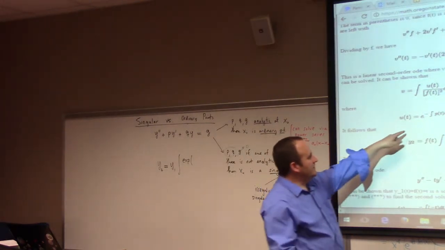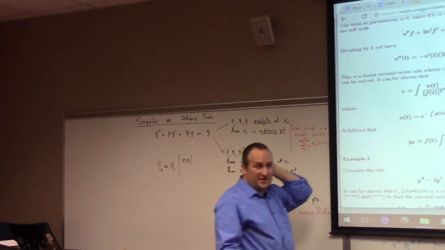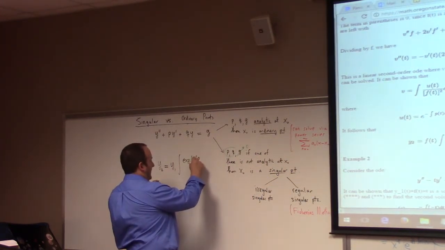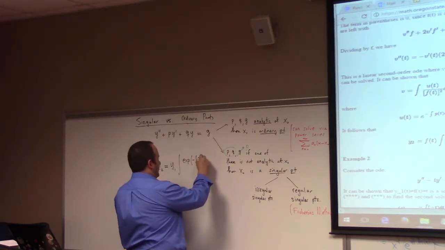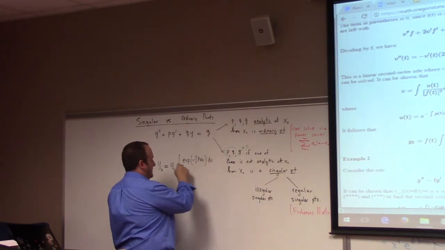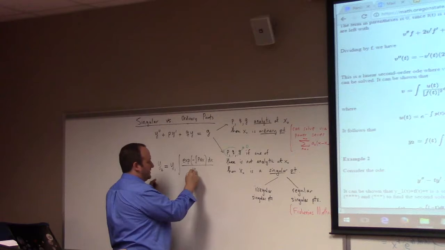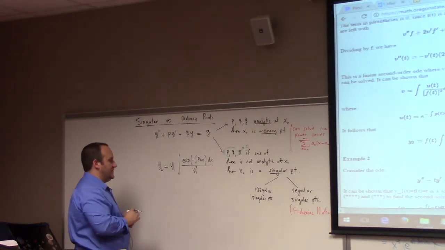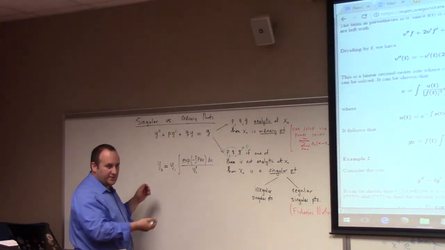This u is e to the minus integral of p. We're using x as dx divided by y1 squared. That's an improvement over the formula I had. And so let me show you how this works out.